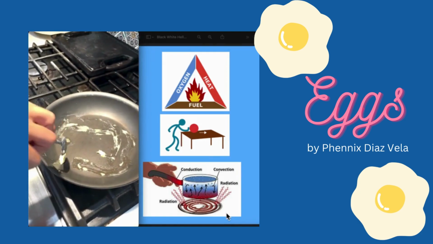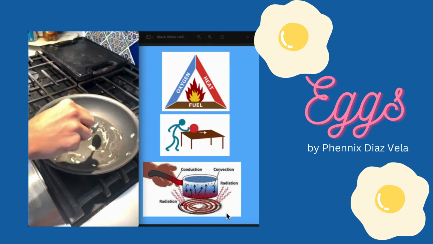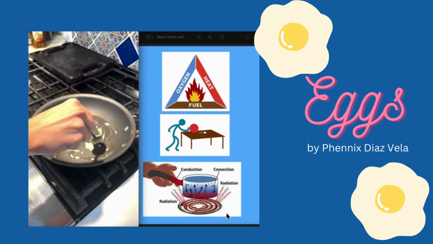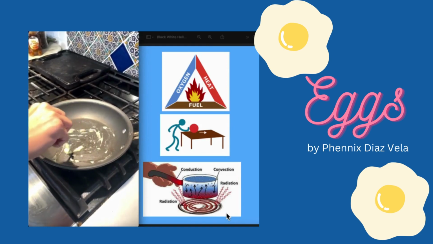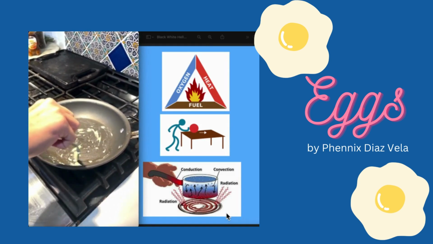After this, after the spreading, you must take 2 to 4 eggs and crack them and plop the eggs onto the pan.